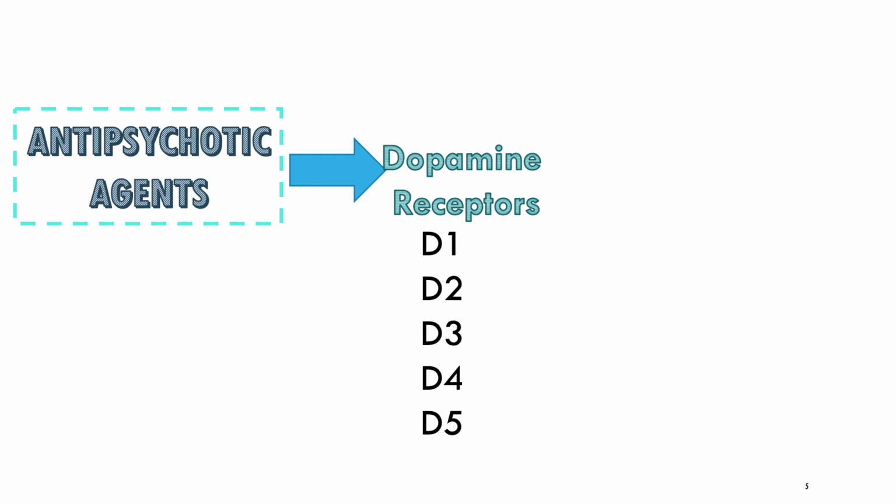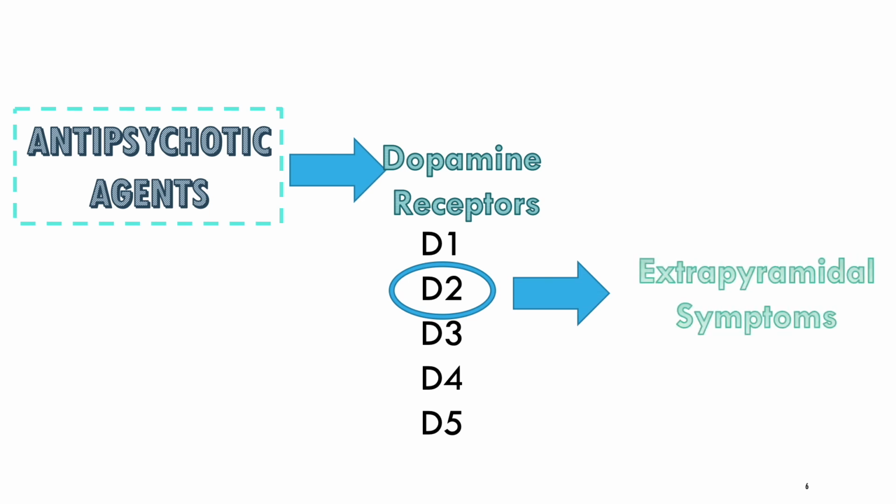All antipsychotic agents block the D2 or the dopaminergic receptor, which in turn promotes the presence of extrapyramidal symptoms. Extrapyramidal symptoms include pseudoparkinsonism, akathisia, dystonia, and tardive dyskinesia. We will discuss more about these extrapyramidal symptoms at a later part of this discussion.